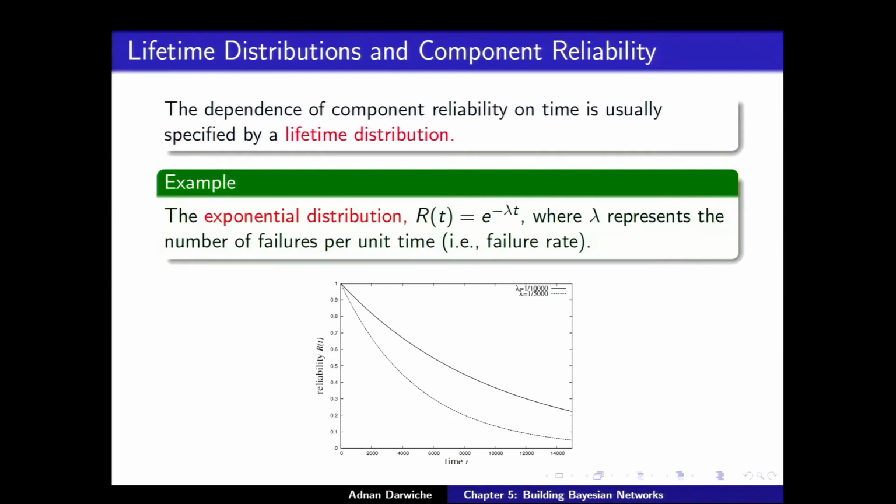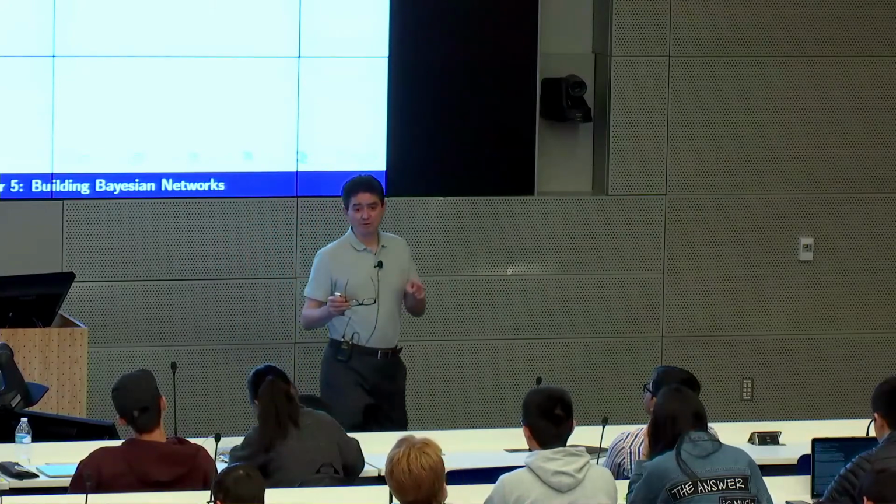So you can read more about this in your book. There's some discussion about how you get these and what the underlying PDFs are and so on, but I just want to give you a sense. Any questions about that? Because we're going to move now to another application.